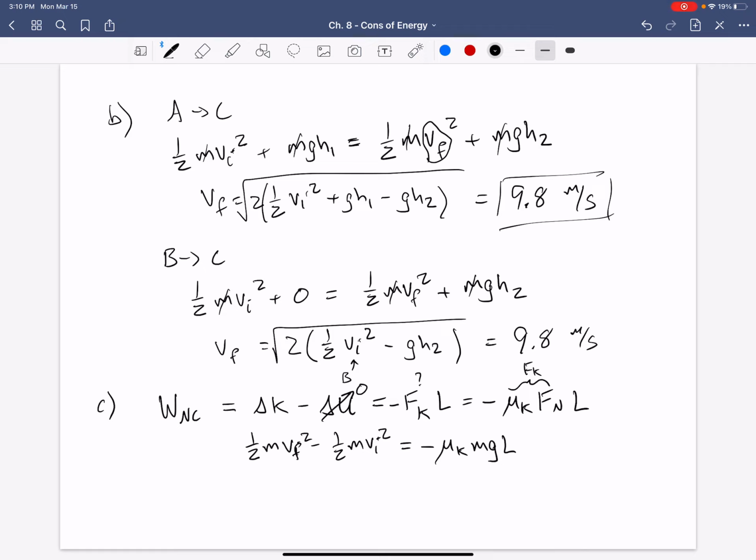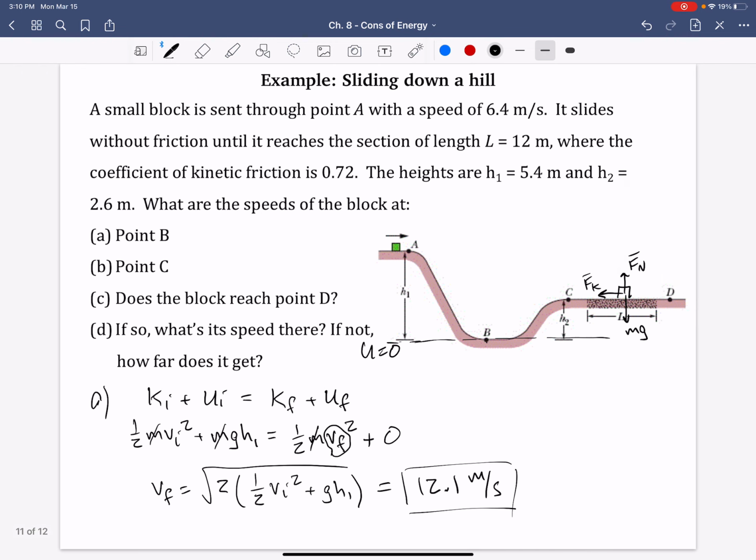So we want to actually put in the initial speed here. This is 1/2, the masses cancel. And what's the initial speed? In this particular case, it's the initial speed at point C. That's the speed that it starts to strike the frictional surface with. So what's the speed at C?